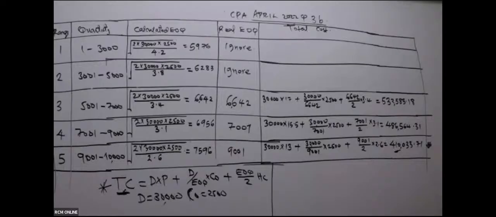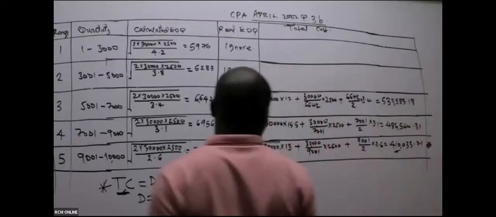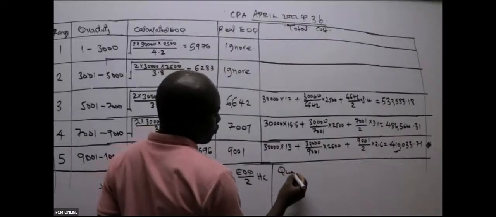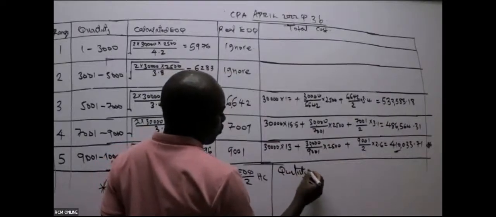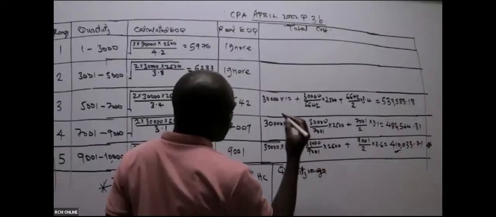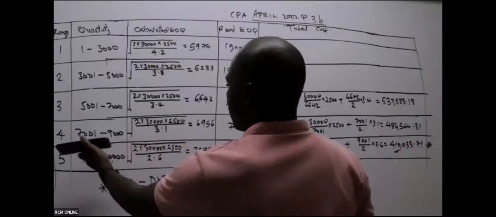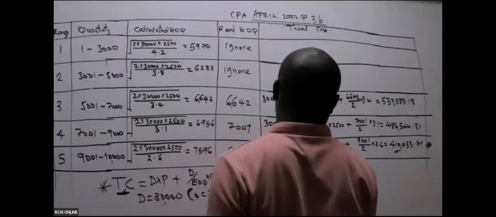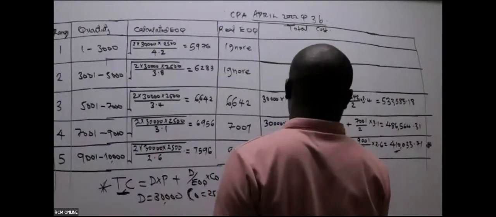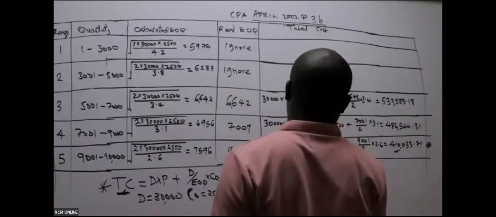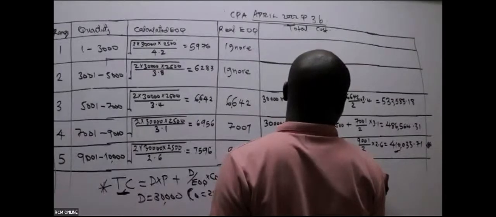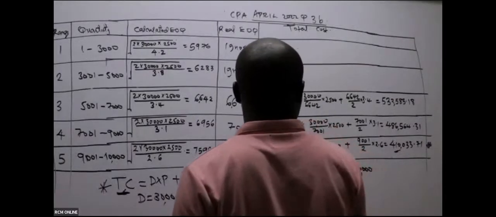Good. So once you're able to do that, the quantity range, they should order within which range? The order should be within the range of 9,001 to 10,000. Can we give them a specific quantity?